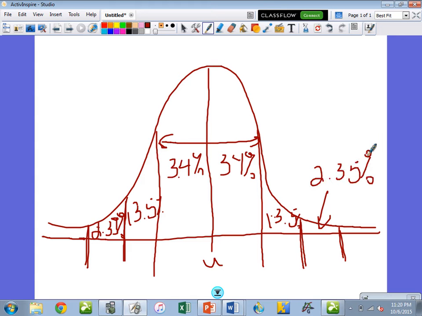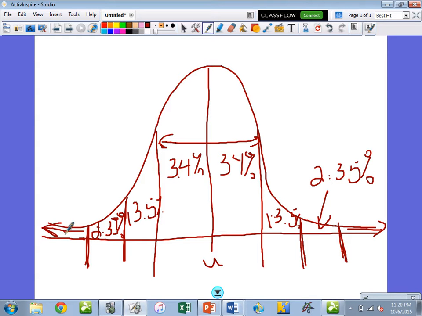Which basically means that everything that's outside here, going in this direction and this direction, if 99.7% of the data falls between here and here, that leaves me with 0.3% to fall here and here total.